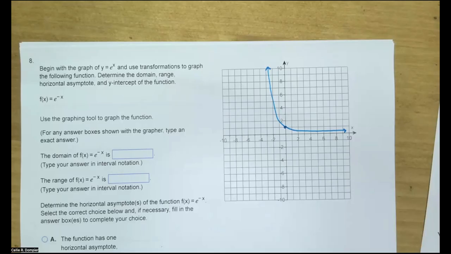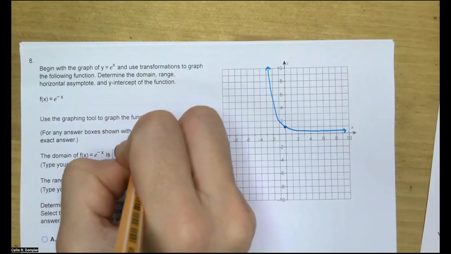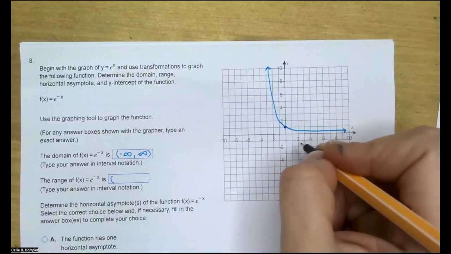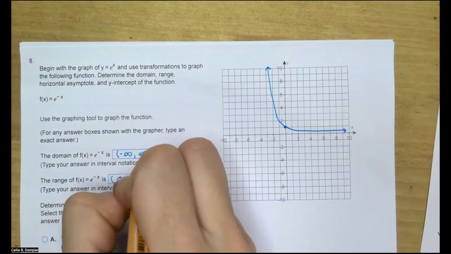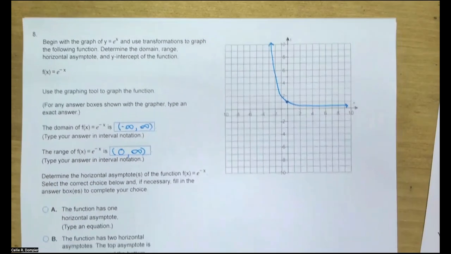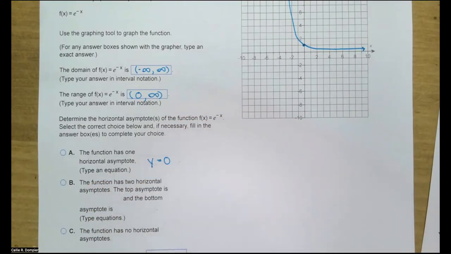All right, so the domain is all real numbers. The range is from 0 to infinity. Good. The horizontal asymptote is going to be y equals 0.